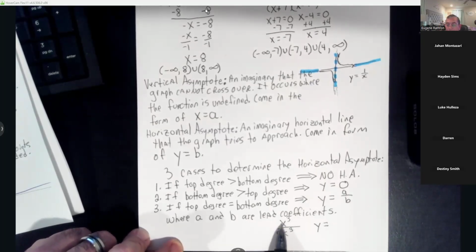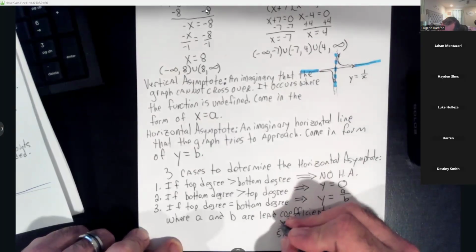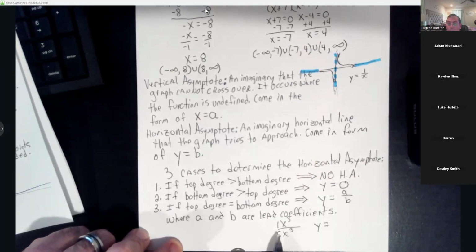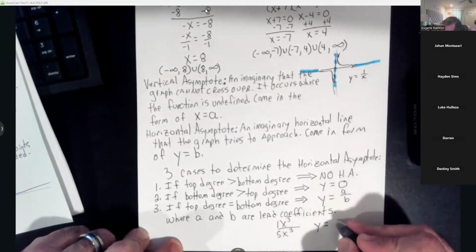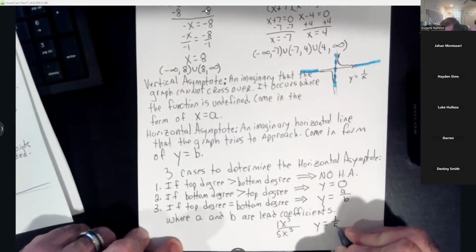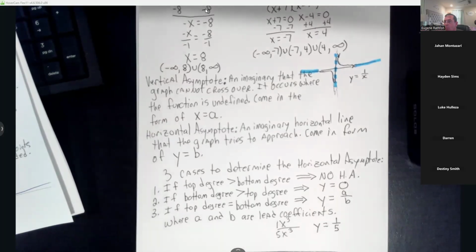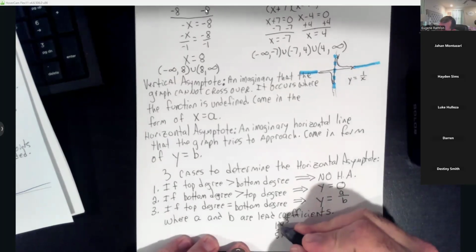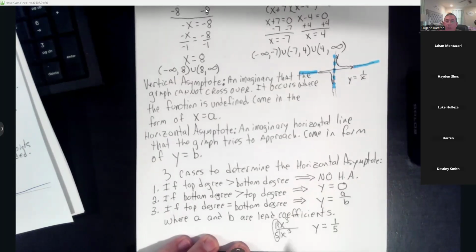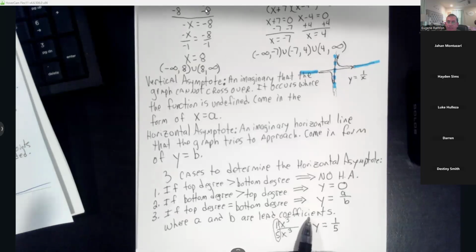And y'all, you just got to remember, if the variable don't have a number in front of it, that's like a 1. So this would approach 1 over 5. And that would be my horizontal asymptotes as it went out towards infinity, okay? So this is what I'm talking about when I talk about lead coefficients, okay?